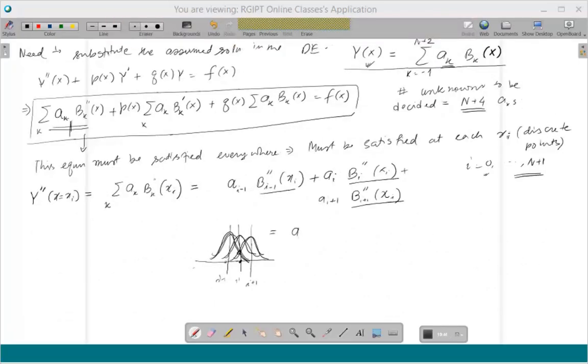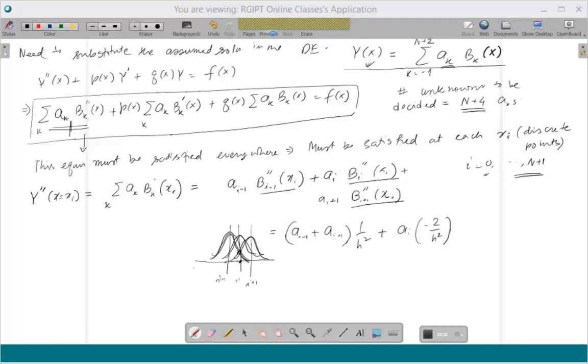That would imply a i minus 1 times 1 by x square, plus a i plus 1 by x square, plus a i, that would be minus 2 by x square.